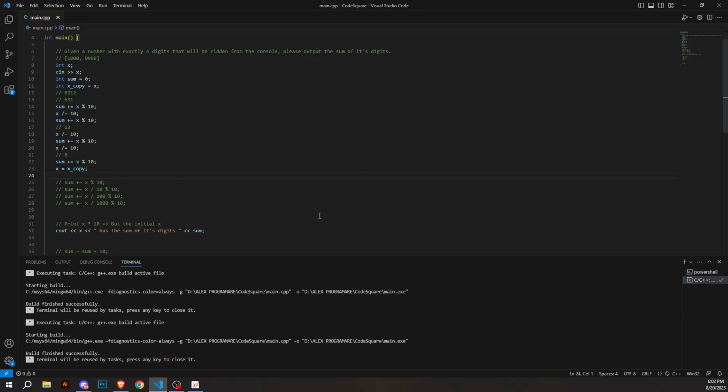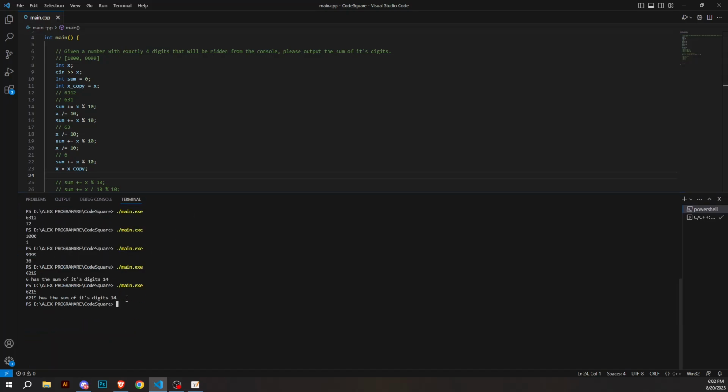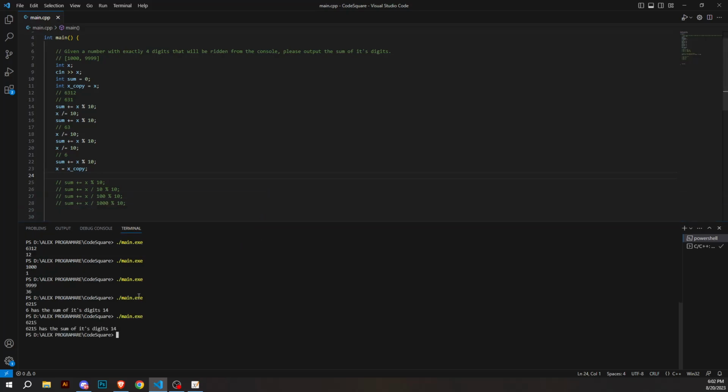And now this is going to work like a charm. Okay, so now 6215 is going to be a really, really nice output. Exactly what we wanted. Okay, so that's amazing. That's really nice.